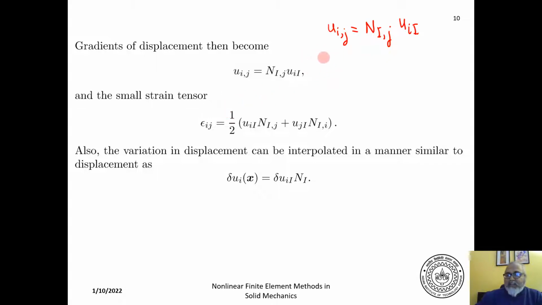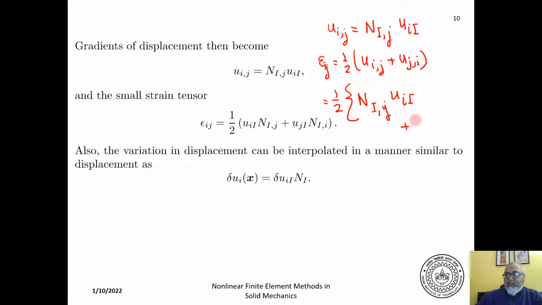The small strain tensor epsilon ij is half ui comma j plus uj comma i. So you write it as half, ui comma j is N^I comma j u_i^I, plus uj comma i is N^I comma i u_j^I.